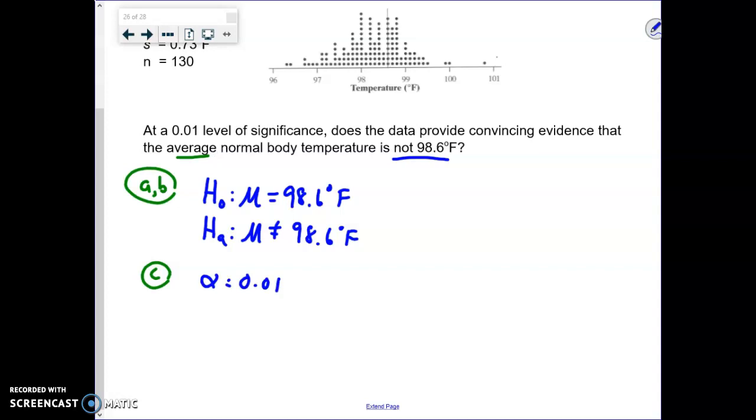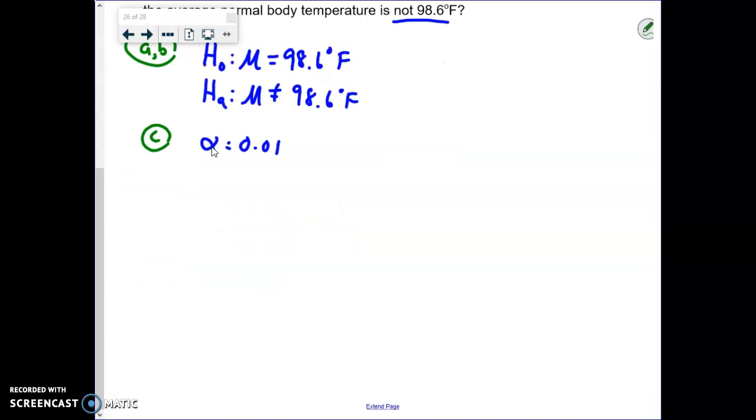So we look at our requirements to use a t-distribution. Well, ladies and gentlemen, I think we got a couple of them met. If you go back to the beginning, it did say that these individuals were randomly selected, so we do have a simple random sample.